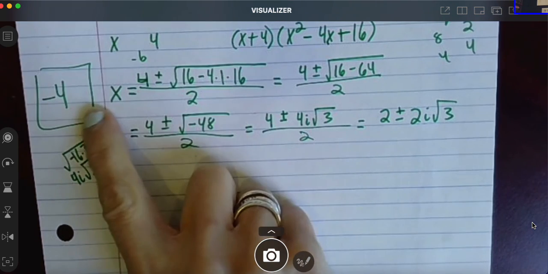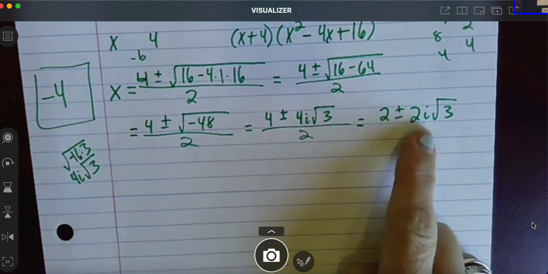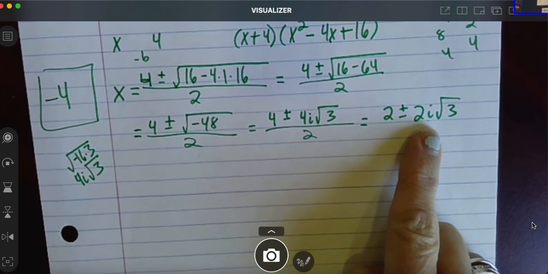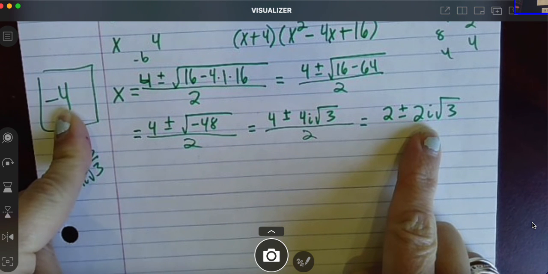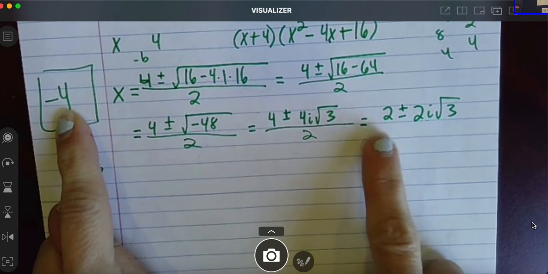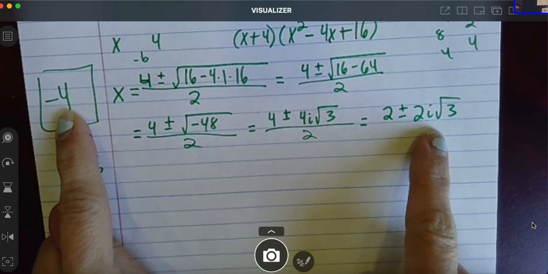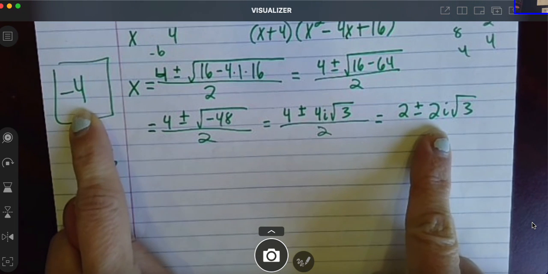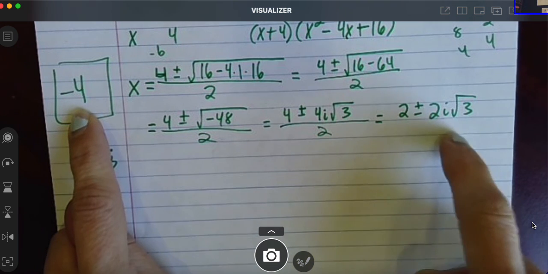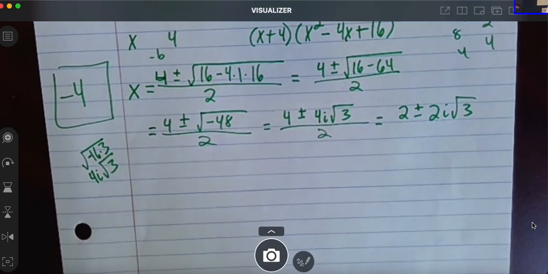So it was negative 4 and these 2 answers. I have 3 answers. This one we found really simply. That only took 7 minutes, not 10. If you were to graph it on your calculator, it would have given you decimals. You would have found these answers, but as decimals.